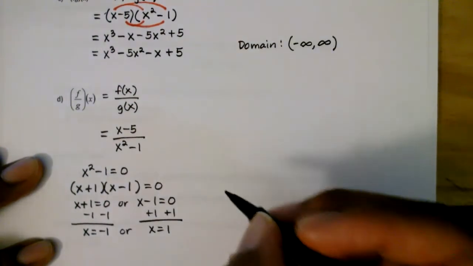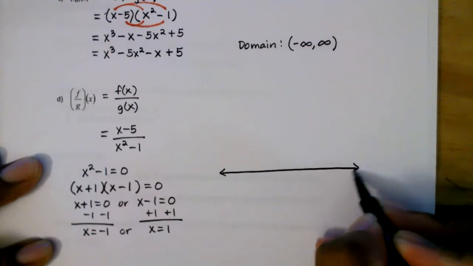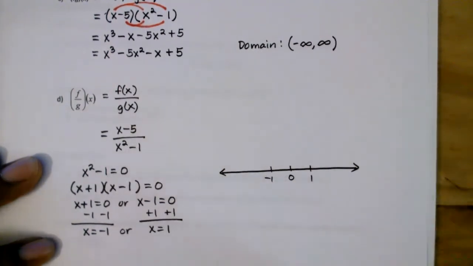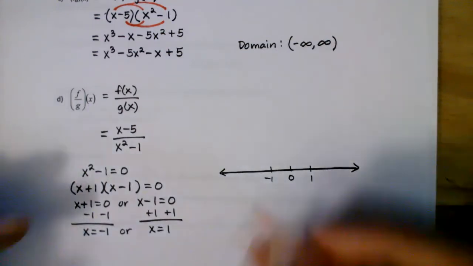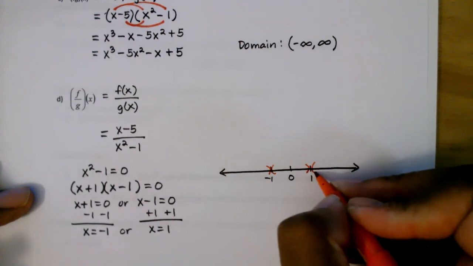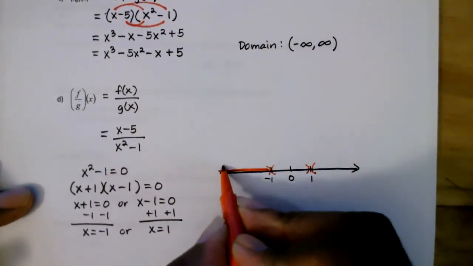All right, so let's see here. I'm going to draw a number line here. Now at negative 1 and at 1, I know I'm going to get a 0 in the denominator. Any x value less than negative 1 would work.